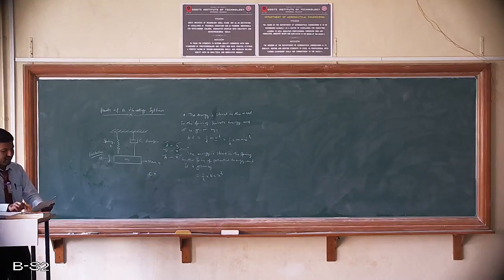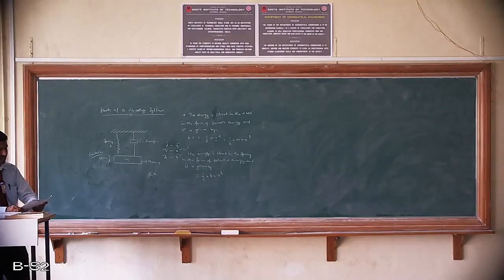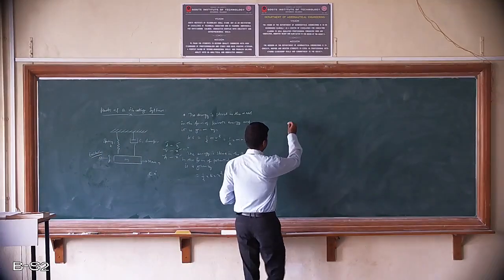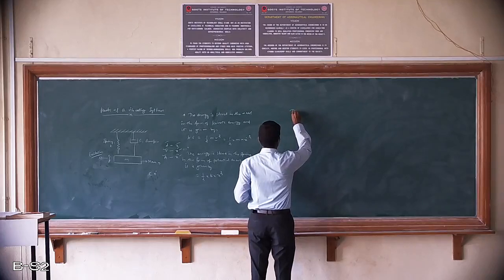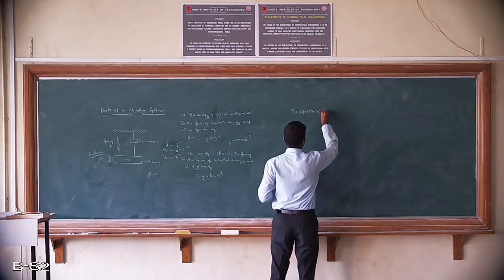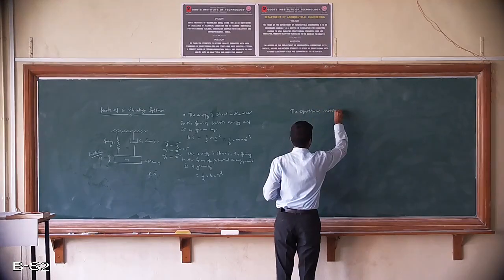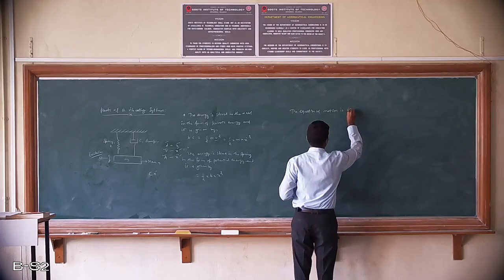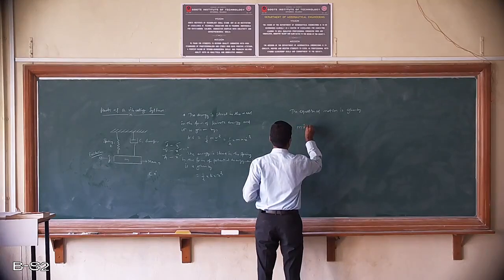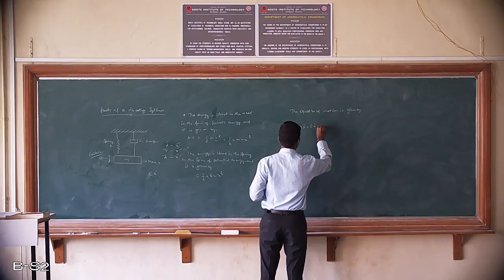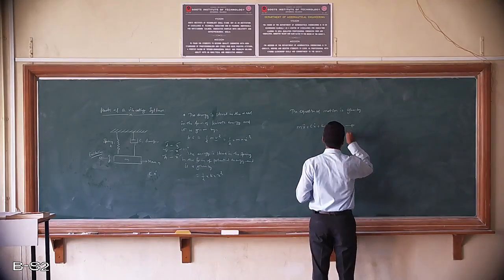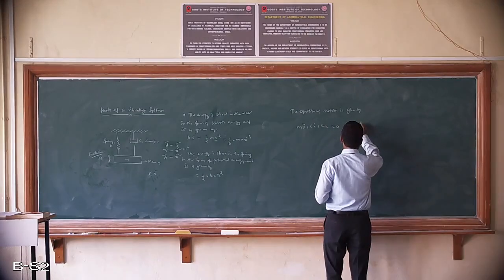Thus the free vibrations die out and the system remains at its static equilibrium, and hence the equation of motion for such a vibratory system is given by m x double dot plus c x dot plus k x is equal to 0, and this equation of motion holds good for the spring mass damper system.